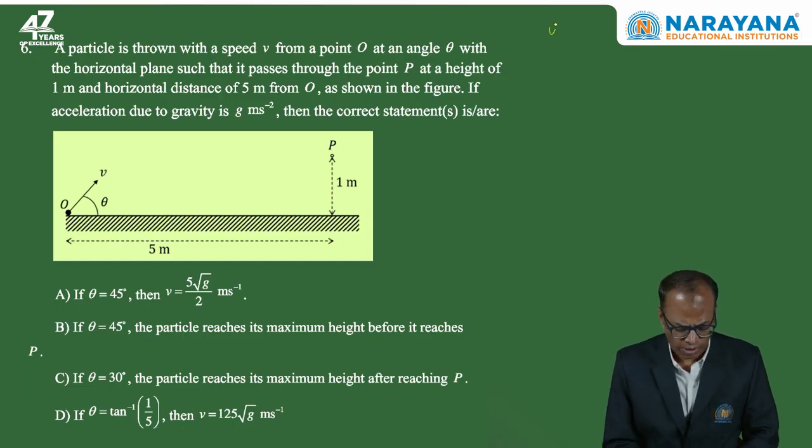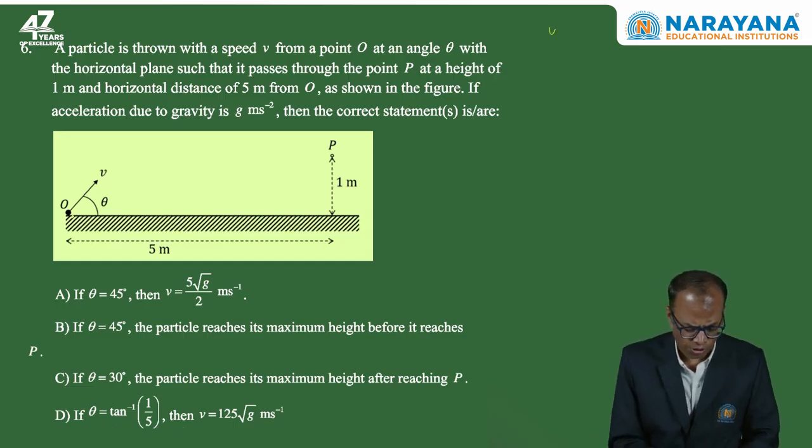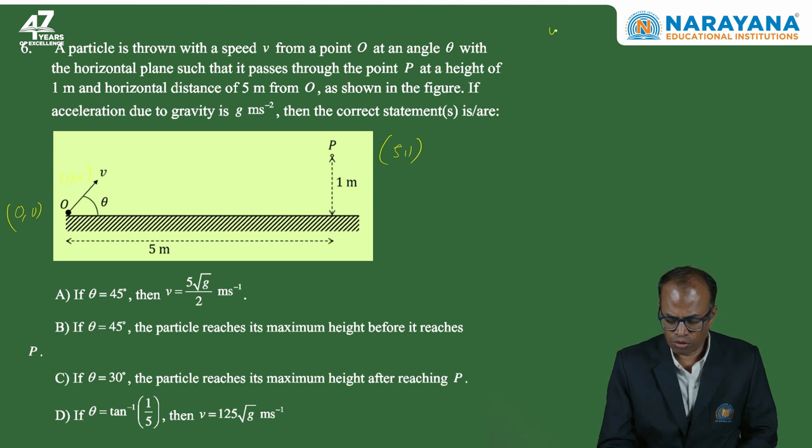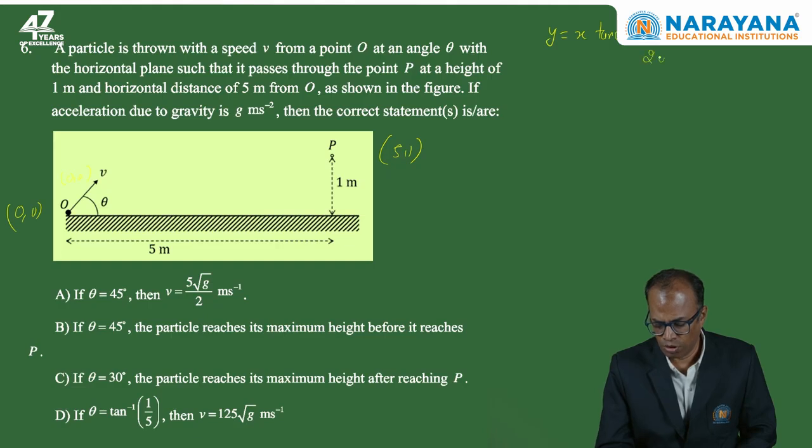So I can choose the point of projection as 0, 0. Then this point has the coordinate 5, 1. So let's apply y is equal to x tan theta minus g x squared by 2 u squared cos squared theta.